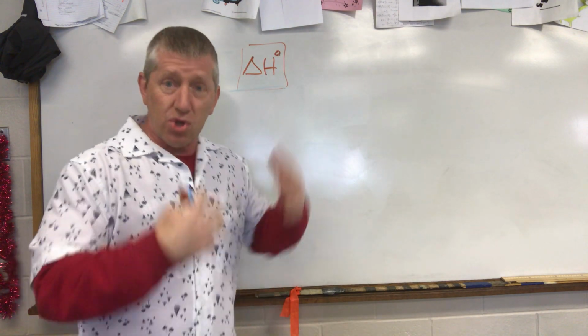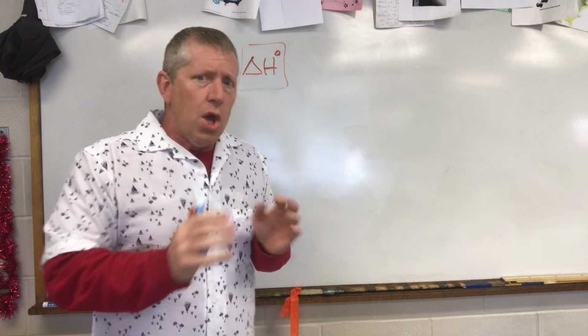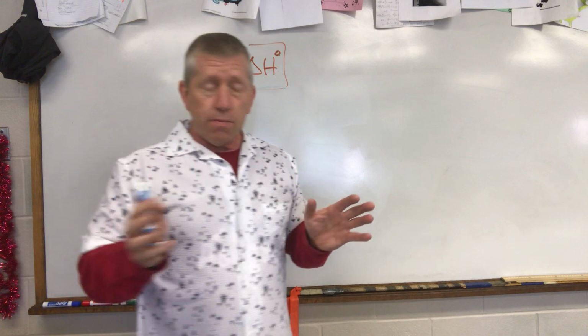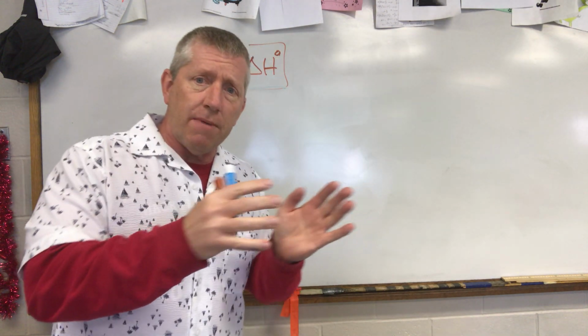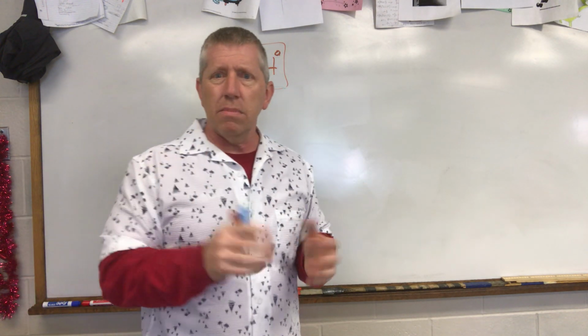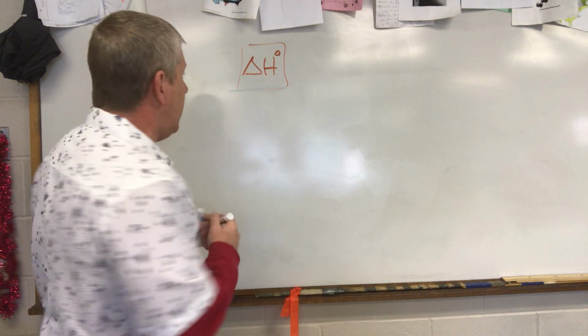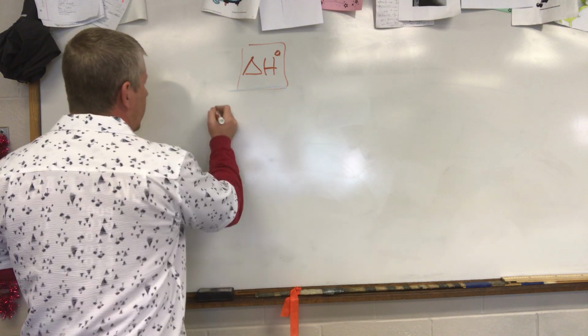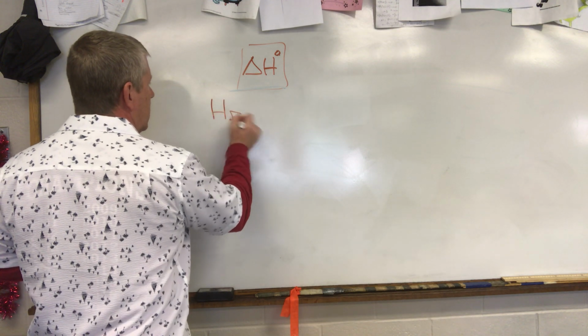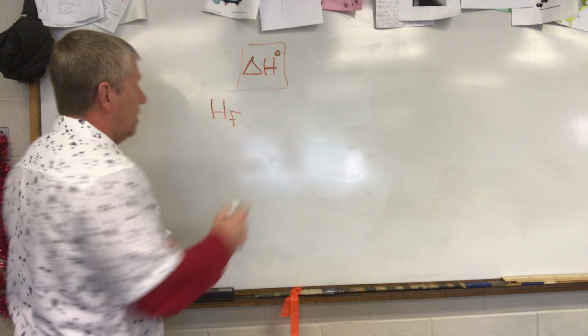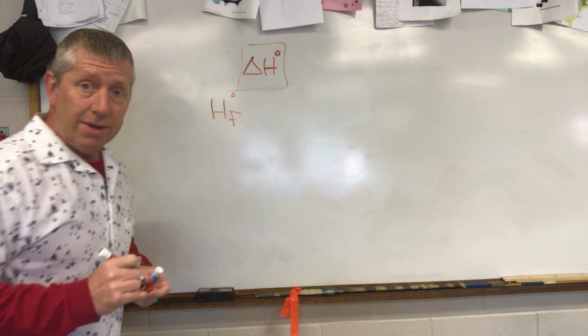They might have a smaller chart with delta H's, or heats of formation, of some common compounds and elements. But yours does have a whole list of what are called heats of formation at standard conditions.